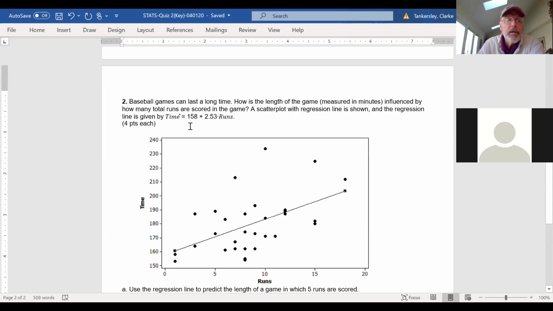Okay, time is equal to 158, that is minutes, and this is the slope, 2.53, and the number of runs that go along with the game.